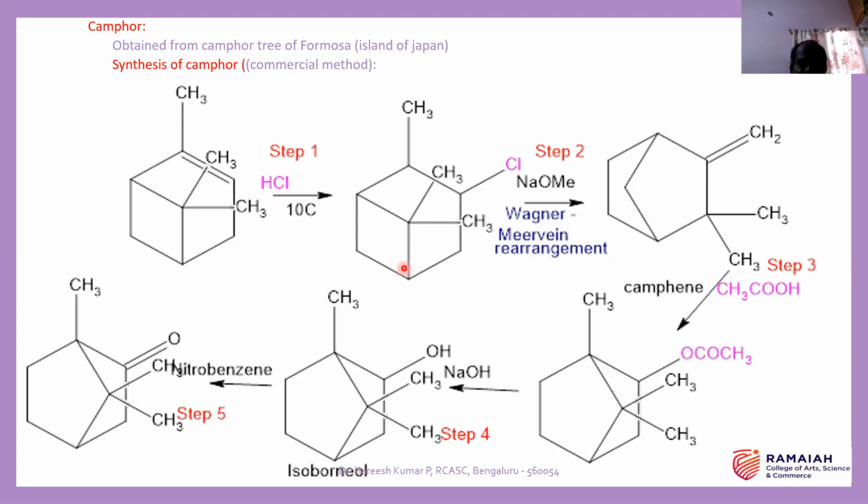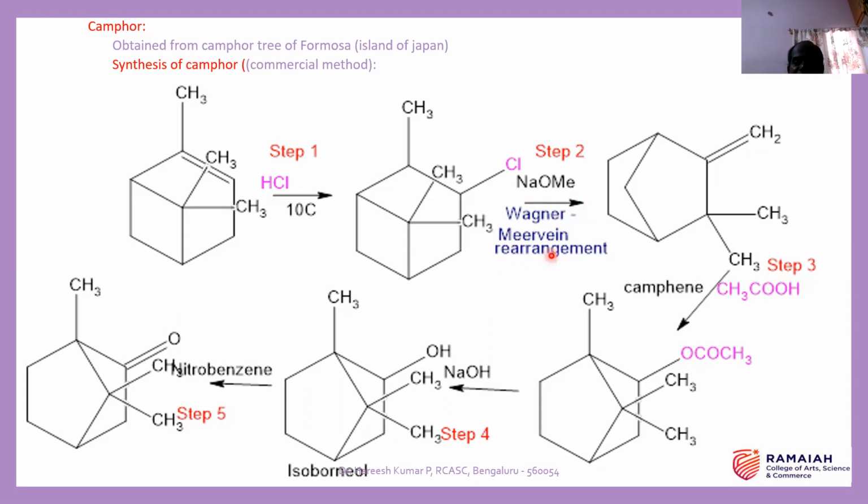At this moment, you just take this, and at a later stage, it is treated with sodium methoxide. So what will happen? Cl will go out. There will be formation of a positive charge, and the obtained secondary carbocation will be converted into a tertiary carbocation because it involves a Wagner-Meerwein rearrangement.